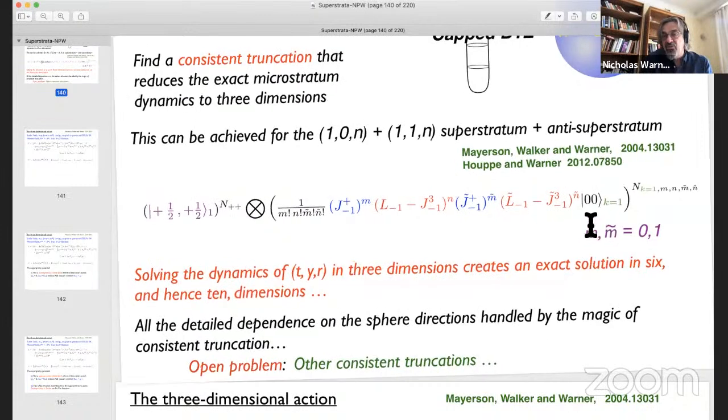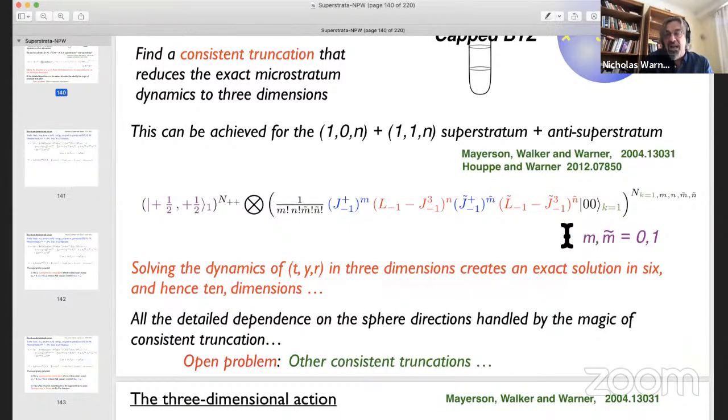But if you make m twiddle equal to 1 and m equal to 0, then this antisuperstratum and superstratum talk to each other only at third order or so in the perturbation theory. So in other words, you've got a superstratum going one way and an antisuperstratum going the other, but because you put them in some sort of almost nearly orthogonal channels, their interaction is mild, and therefore you might be able to actually do that kind of calculation.